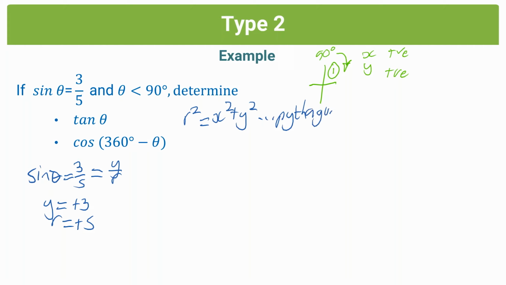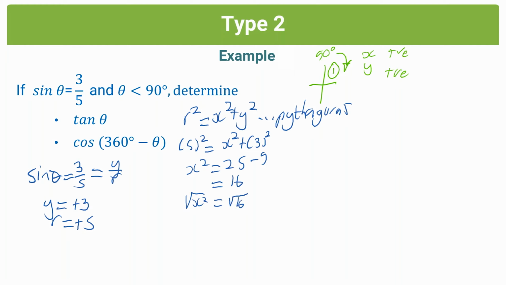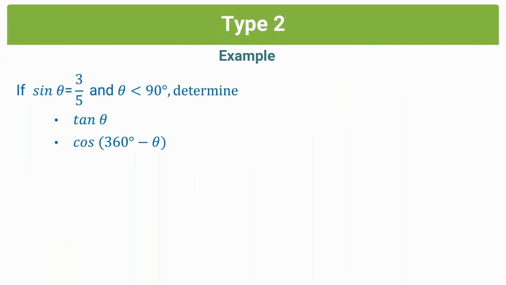So 5 squared is going to equal x squared plus 3 squared. x squared will be 25 minus 9, which is 16. We can square root both sides, and we get x to be positive 4, because we know we're in the first quadrant.